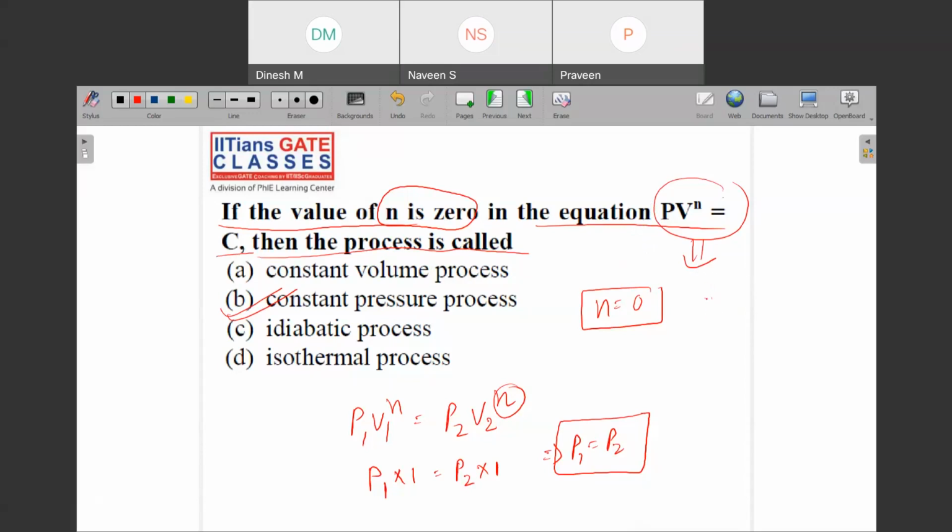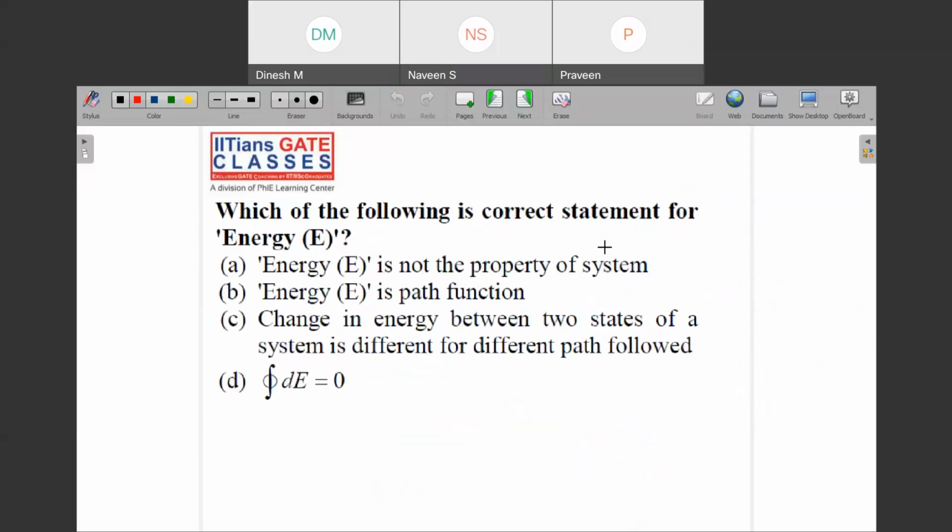When pressure was constant, I recognized it as a constant pressure process. Likewise constant volume, constant temperature, and so on. So looking at this data, we identified the nature of the process. So every time, you will apply the given equation at two time instants. That is it.